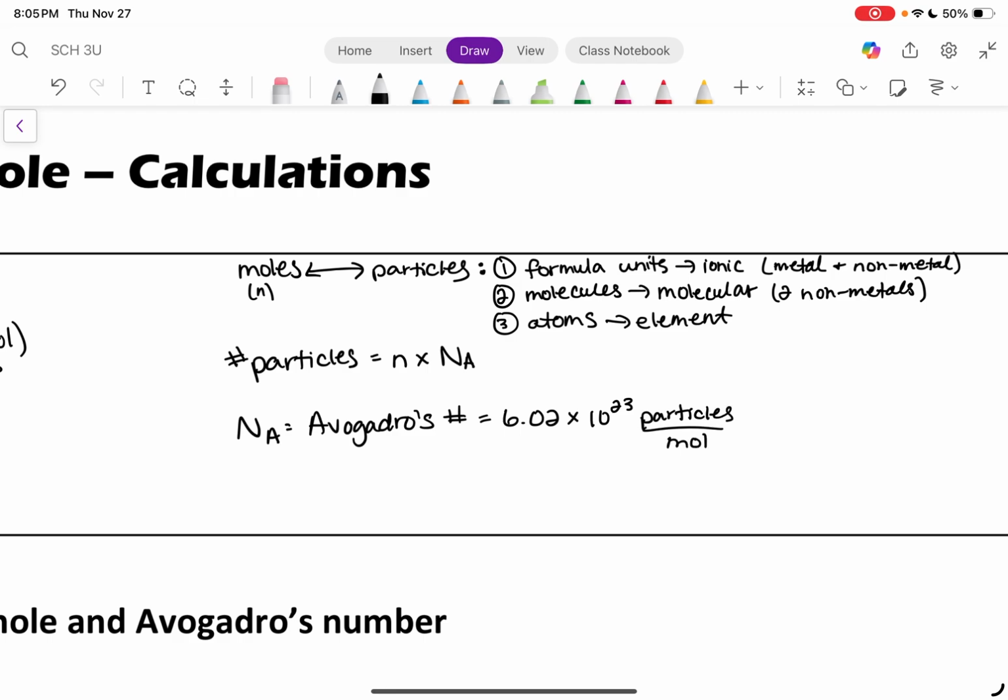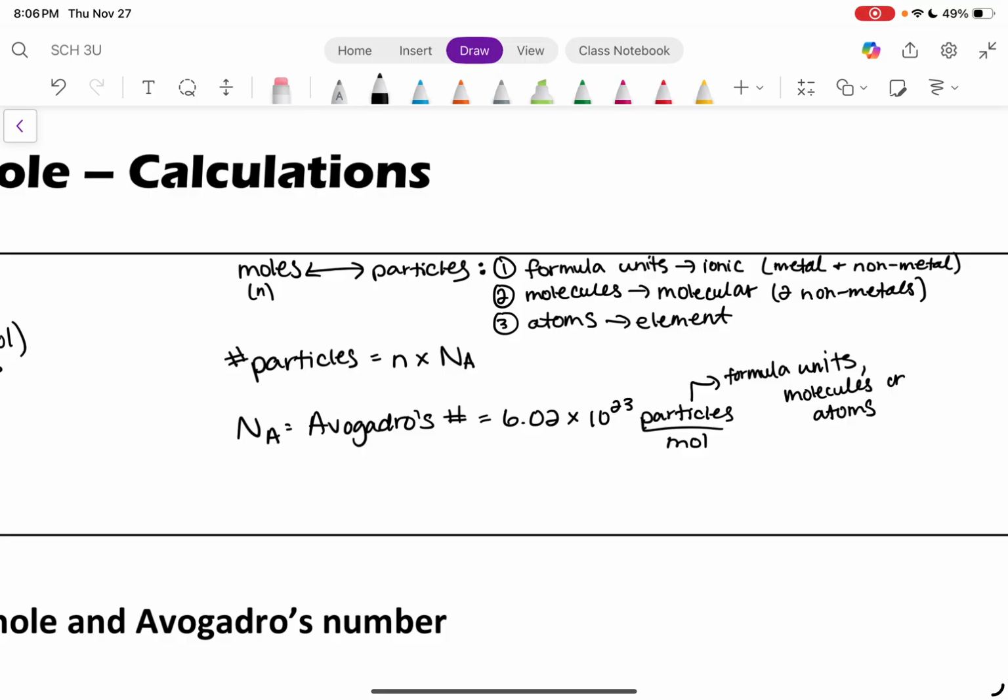Remember, that particles is either going to be formula units, molecules, or atoms, depending on what compound or element you have.